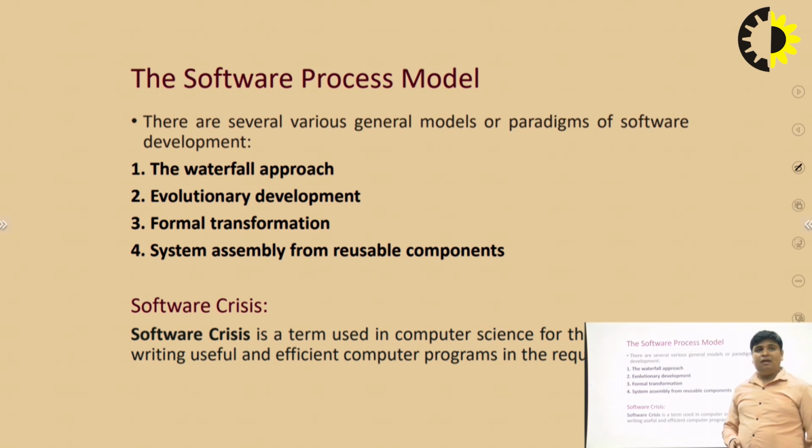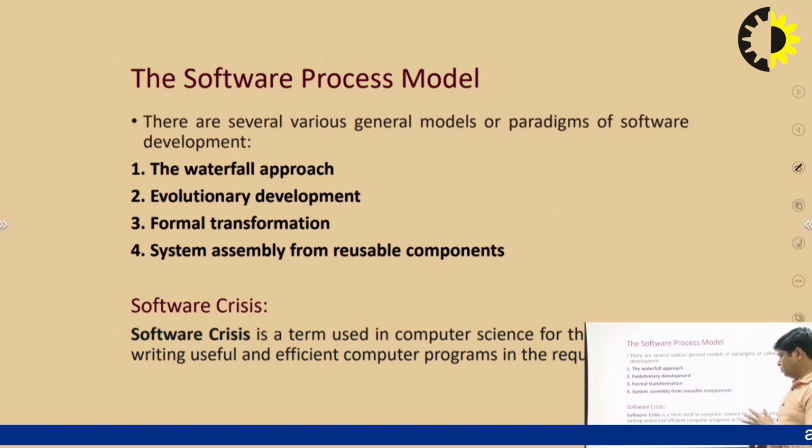So these are some. If we're talking about the software crisis, it is a term used in computer science for the difficulty of writing useful and efficient computer programs in the required time.